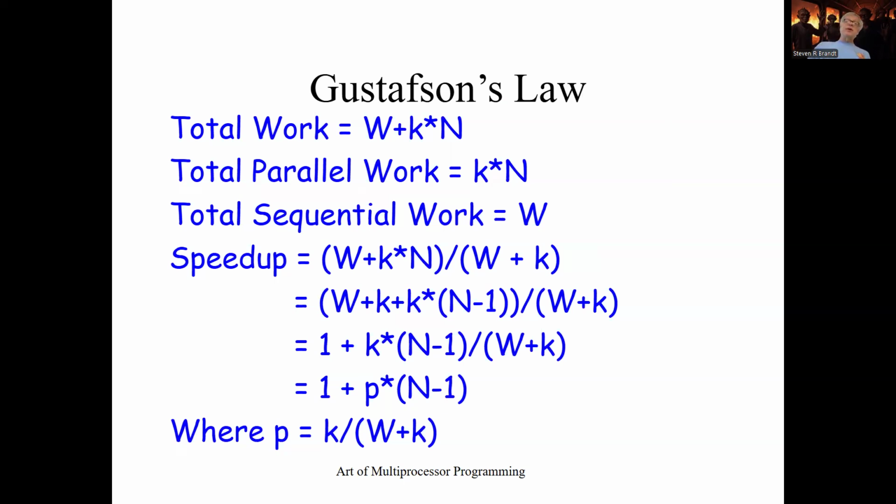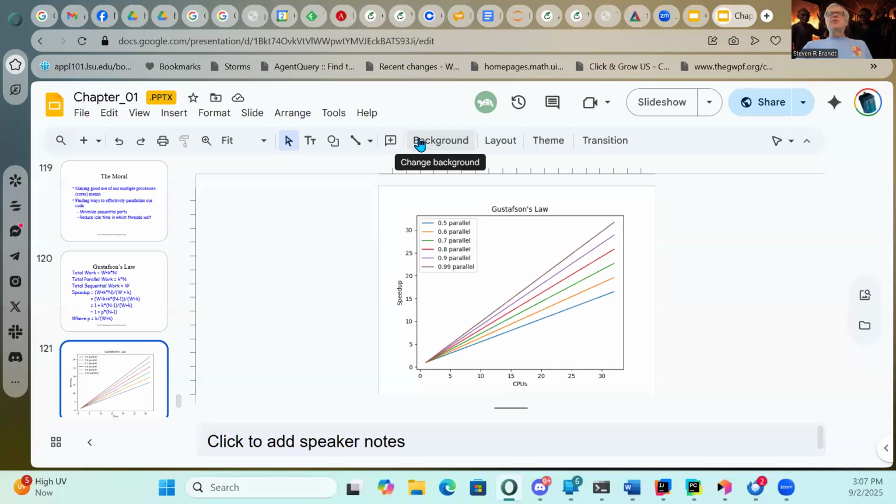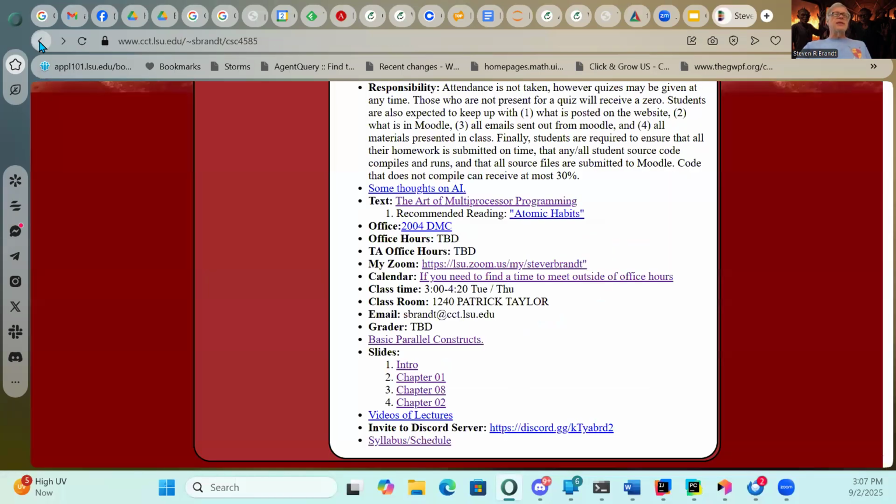But if you can run a bigger problem and the bigger problem scales better, then it all works out. Make sense? All right. And so when I talk about P here, I'm talking about K over W plus K, where K is the amount of work I would use if I were on one processor. That's why that one looks so much better. So that's what I added to chapter 1 for you, because I was thinking a graph would really probably help.